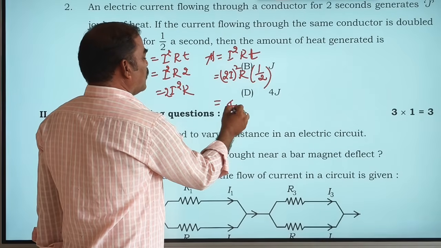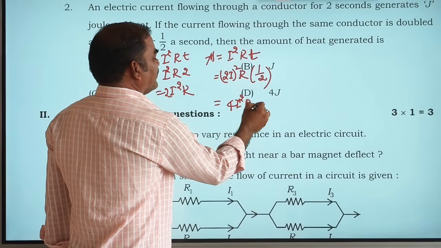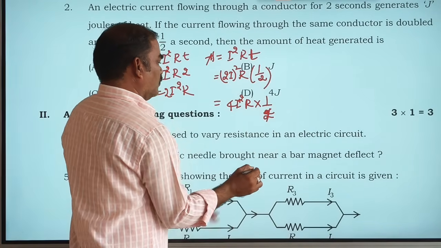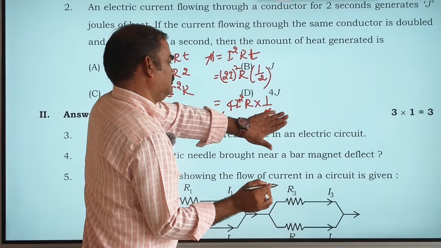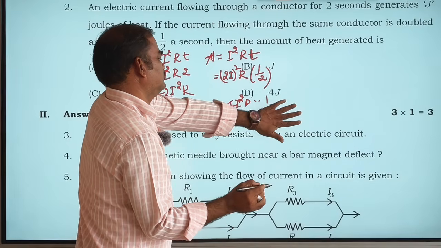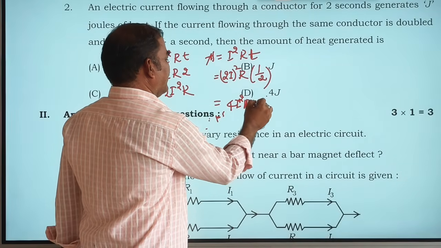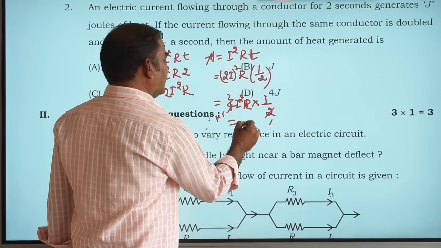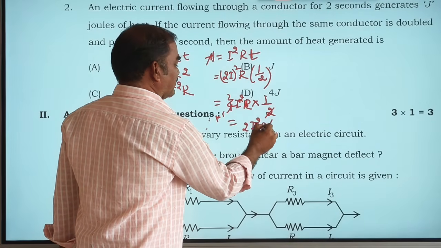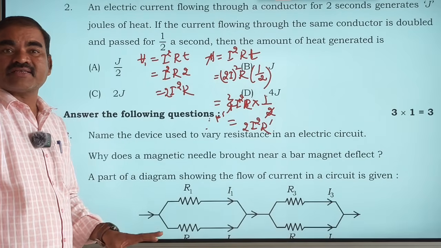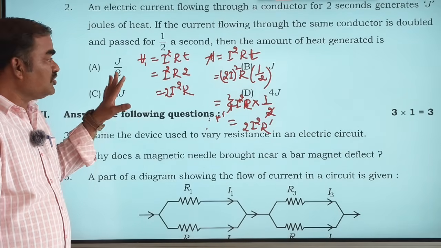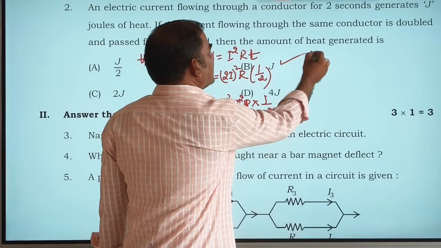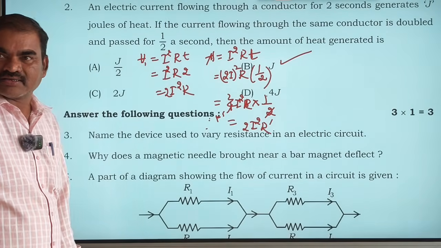Now it becomes 4I square R into 1 divided by 2. 2 ones are 2, 2 twos are, again we'll get 2I square R joules. In the same case, the same amount of joules we are going to get. So the correct answer is joule. This B answer, joule, is the correct answer.